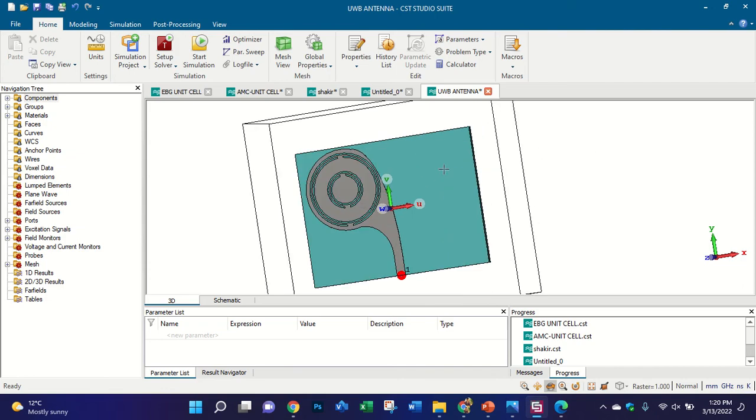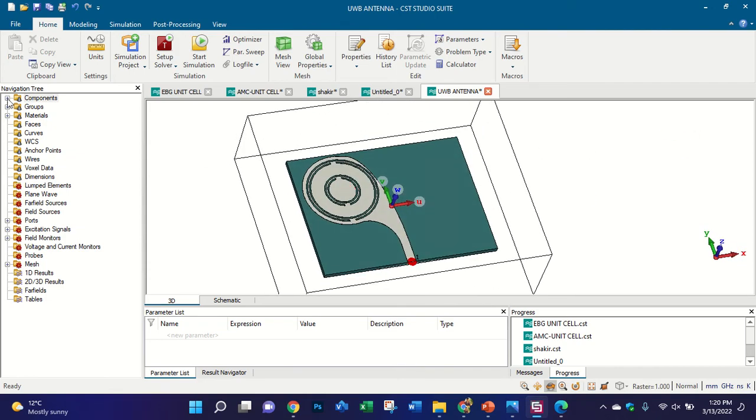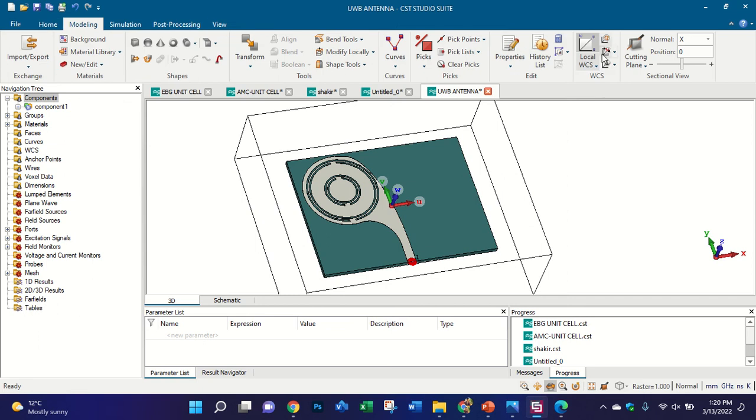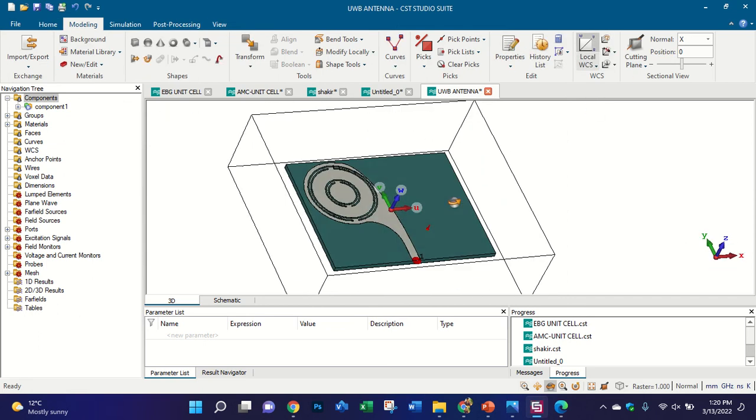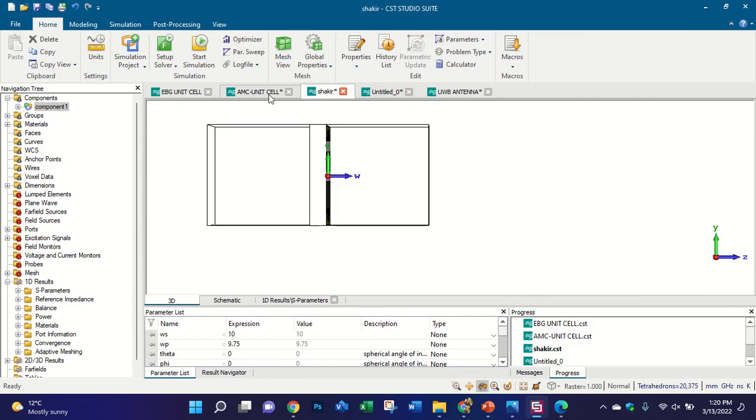Okay, this is UWB. Okay, this is the unit cell.